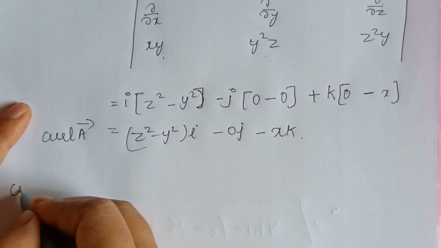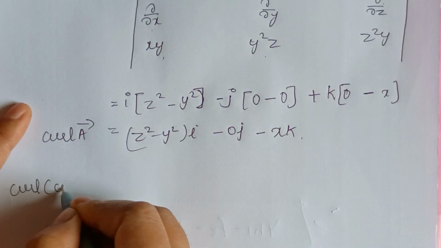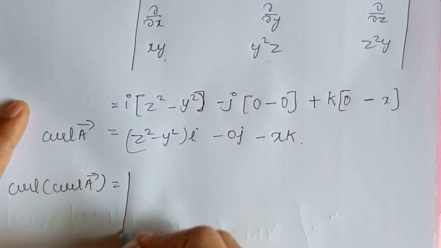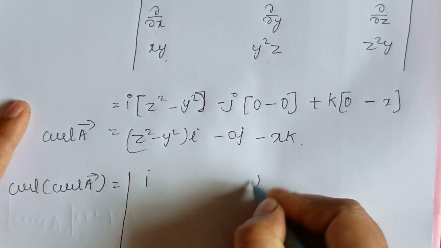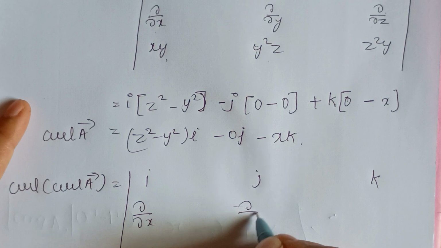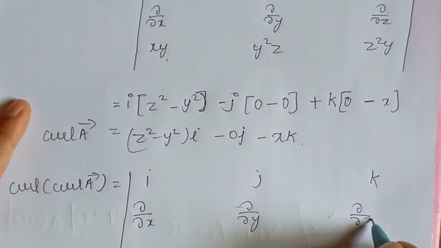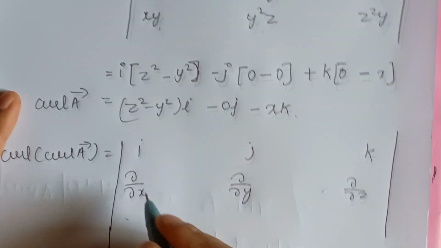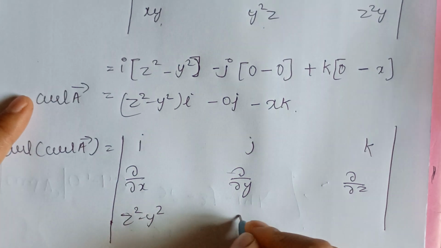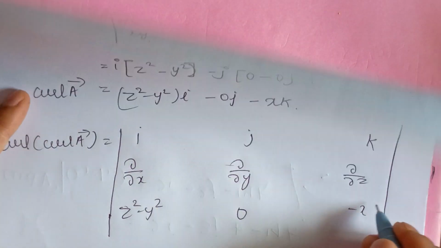Right? Now curl of curl vector A, we are going to find this. So i, j and k, dou by dou x, dou by dou y, dou by dou z. Now I have z square minus y square, 0 and minus x.